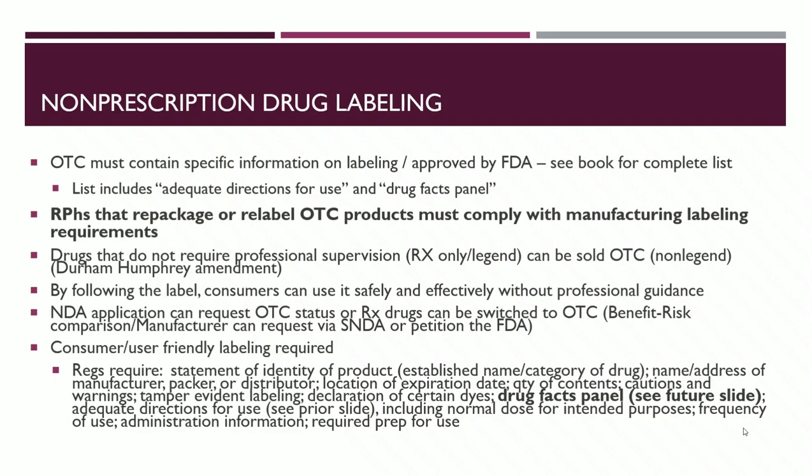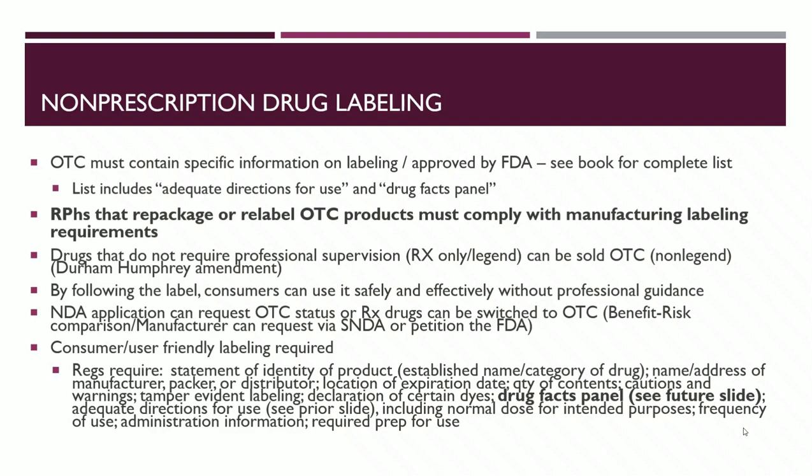So what makes a drug an OTC? The manufacturer can request at the beginning. There can be a process to switch from prescription to OTC later on. There's various ways to do that. The book talks about those various ways. Drugs to be OTC can be used by a lay person without the oversight of a prescriber or physician.